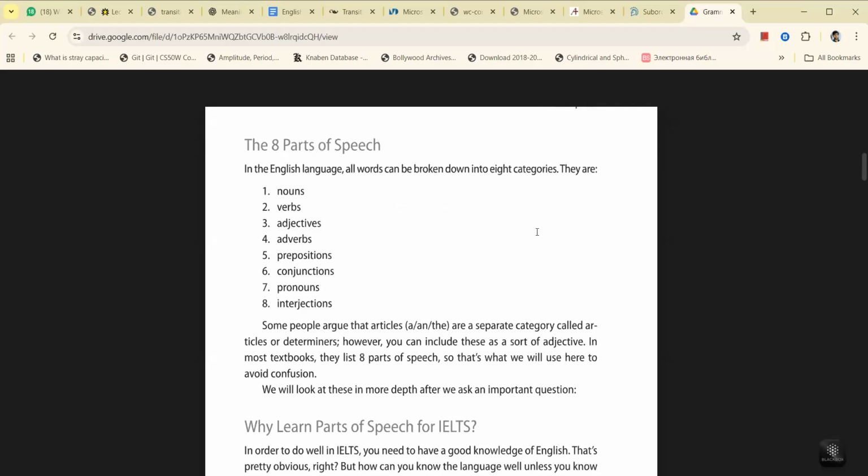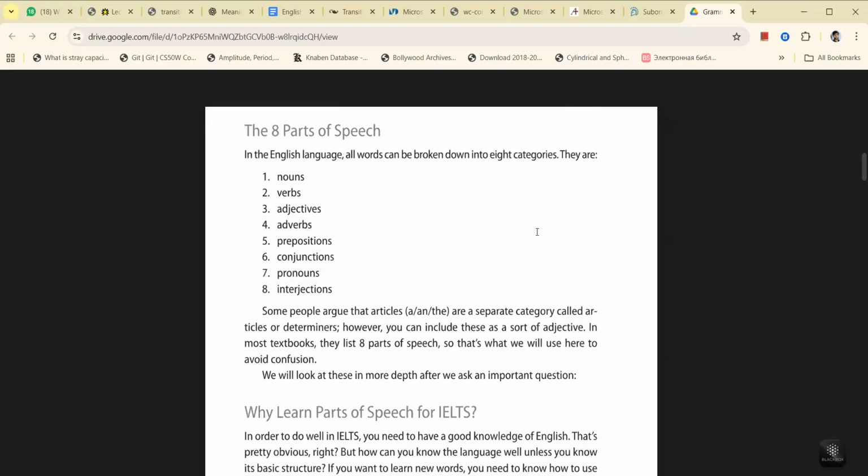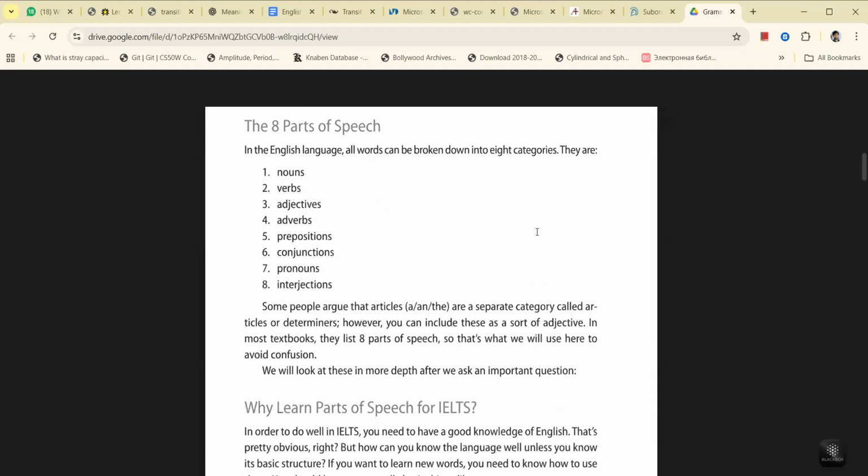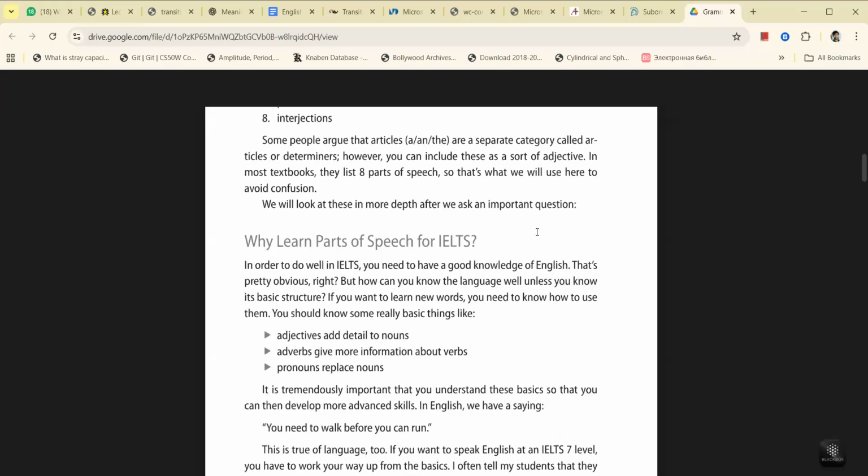In the English language, all words can be broken down into 8 categories. They are nouns, verbs, adjectives, adverbs, prepositions, conjunctions, pronouns, and interjections. Some people argue that the articles a, an, the are a separate category called articles or determiners.